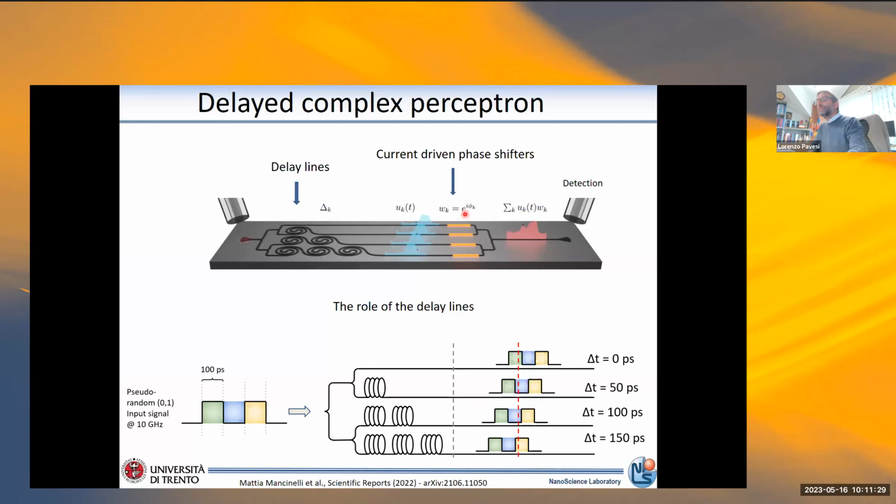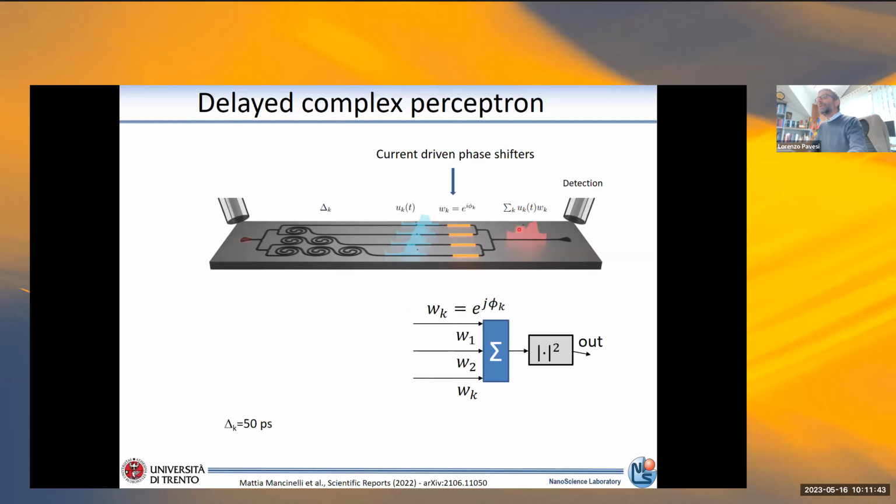These weighted and time-delayed representations of the input are made to interfere at this point. Therefore, what we get in the output waveguide is a weighted sum, where each single weight is controlled by the injected current in the chip, of delayed versions of the input bit stream.